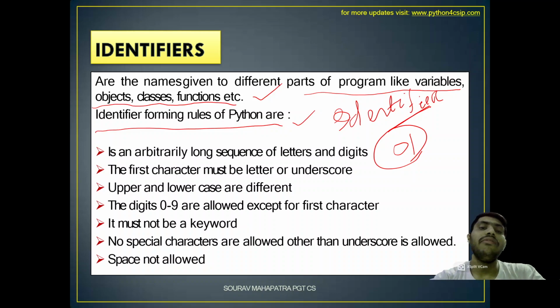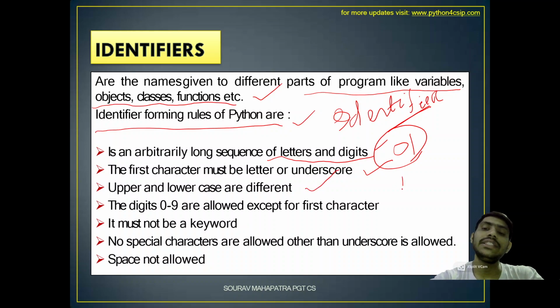An identifier is an arbitrarily long sequence of letters and digits. There is no limitation on length, and the first character must be a letter or an underscore. So whenever you start declaring any variable, the first character must be a letter or an underscore. Upper and lower case are different.